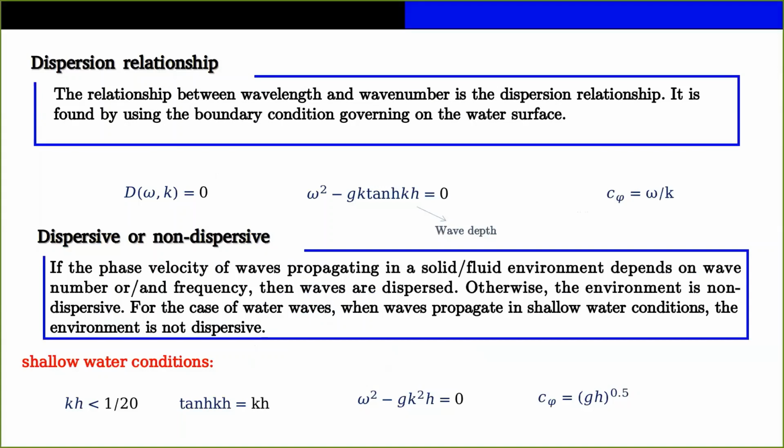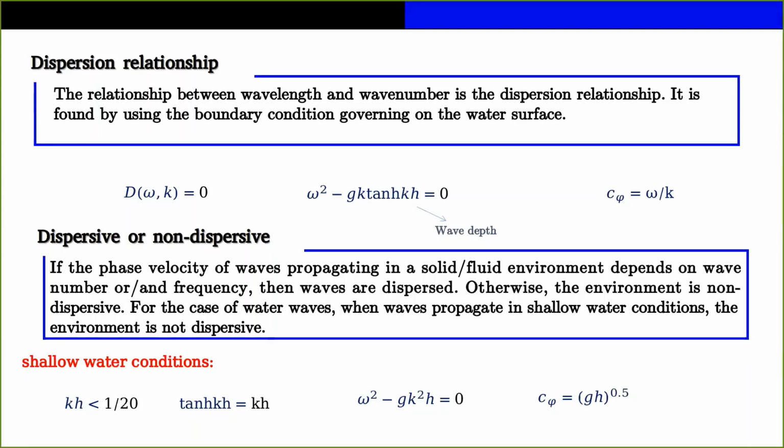But now let's talk about something a little bit more important than what we have talked about till now. That's the dispersion relationship. Again, it doesn't matter what type of wave you're dealing with. Any type of wave that exists in nature has a specific dispersion relationship, and the dispersion relationship relates the wave number to the wave frequency, and it depends on the environment where you have the waves.